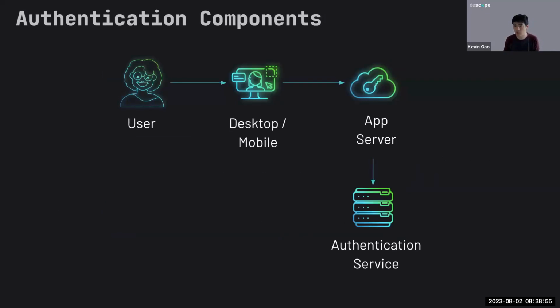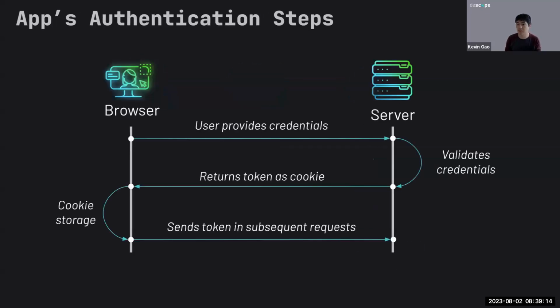The authentication service would be in charge of verifying that that person is who they say they are, based on user information stored in some kind of identity management platform, and creating the access token required for all the subsequent requests.